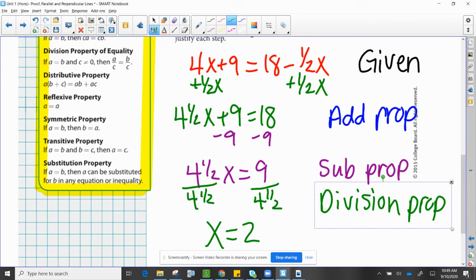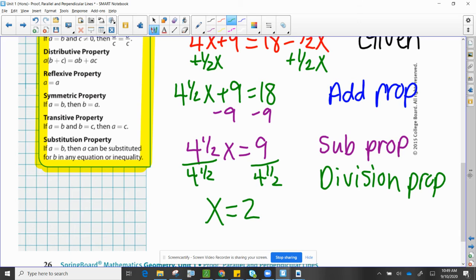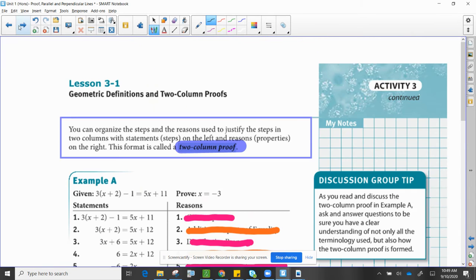So again, we're not just solving things because we're saying, oh, we can do this. There's a reason, okay? There's a deductive thinking process going on here where we're using actual properties, okay, to go ahead and solve equations. So x equals 2, okay? So let's try a couple more in your book here.